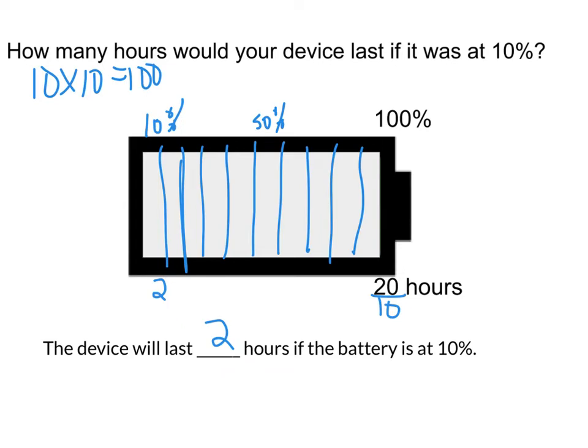Now remember, whenever we're multiplying or dividing by tens, hundreds, or thousands, you could do mental math. So when you're looking at dividing by 10, so if you want to get 10%, you basically are dividing by 10.